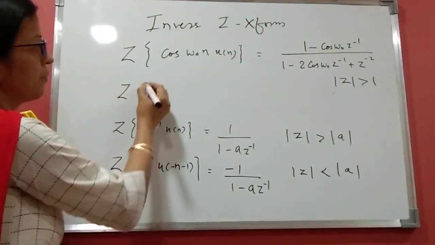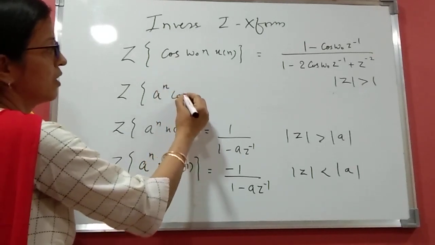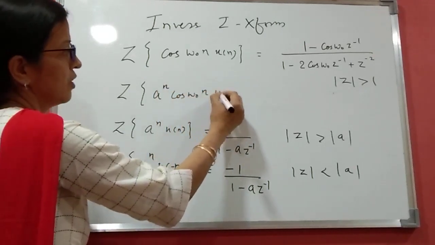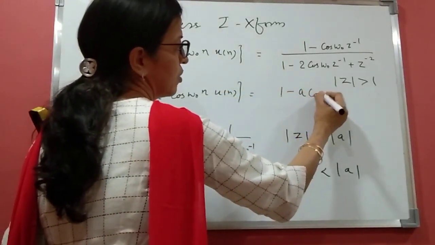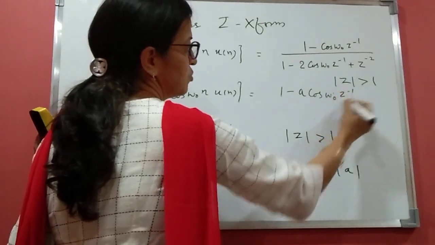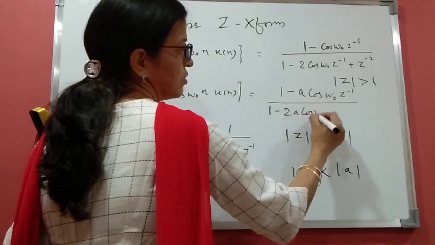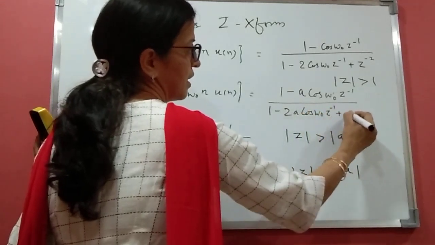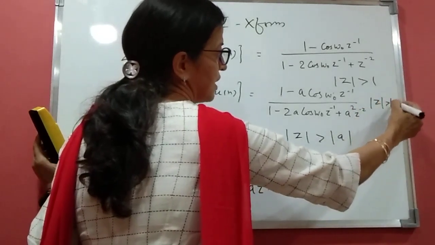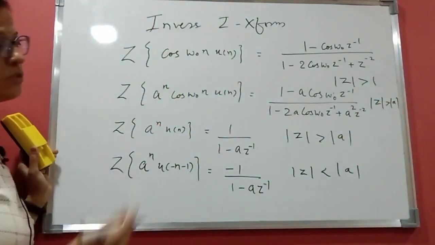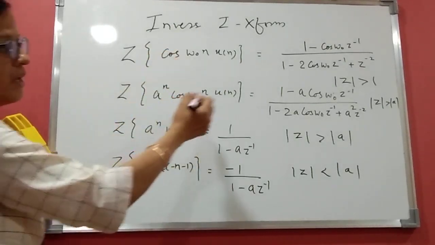And using scaling property, Z transform of a raised to n cos(omega naught n) u(n) equals 1 minus a cos omega naught z raised to minus 1 upon 1 minus 2a cos omega naught z raised to minus 1 plus a square z raised to minus 2 with ROC mod z greater than mod a. This also already we have discussed. We apply the scaling property here and we get this.